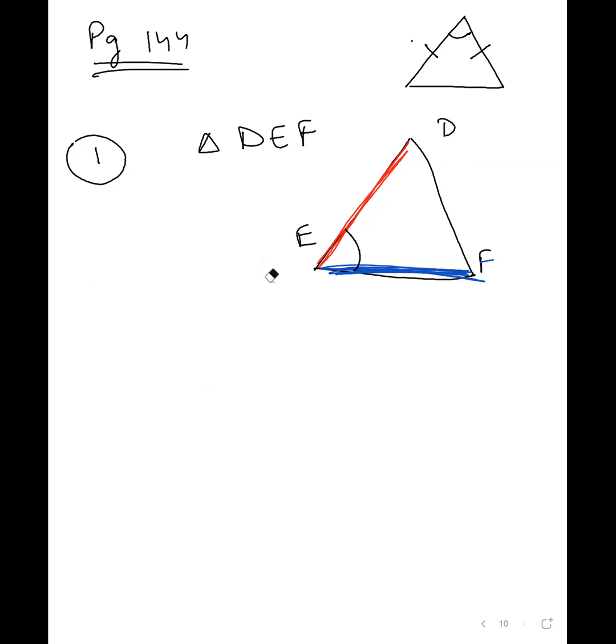Okay, Hiba. Second question, please. Okay, wait a second. Wait, can I draw this figure real quick? Yeah, sure. Okay.